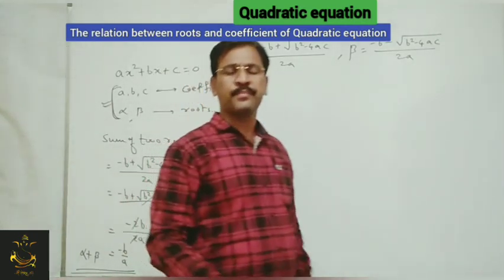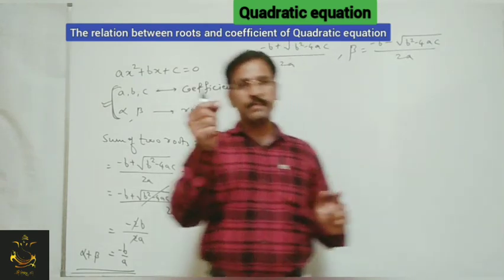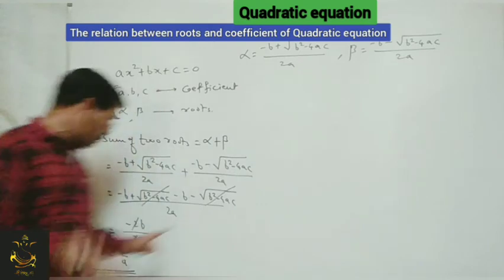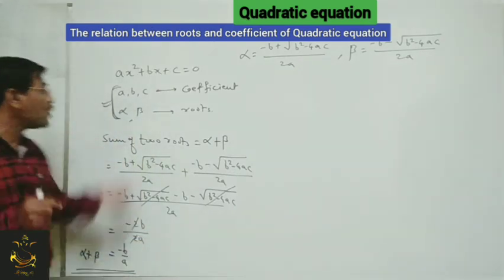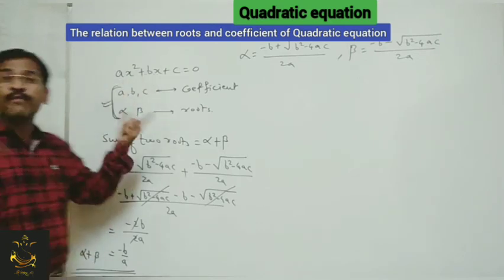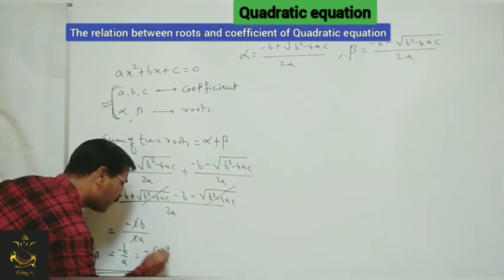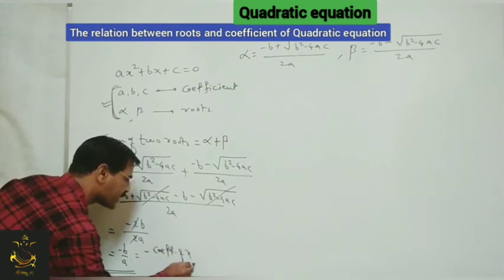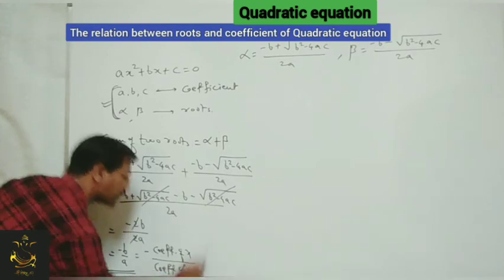Very, very important. Sum of two roots means straight away we can write alpha plus beta, which is nothing but minus b upon a. Where b is what? Coefficient of x here. Okay, and what about a? Coefficient of the square term. You can write maybe minus coefficient of x upon coefficient of x square.